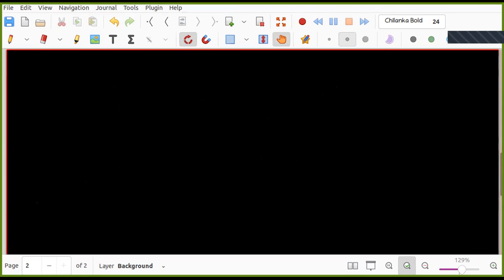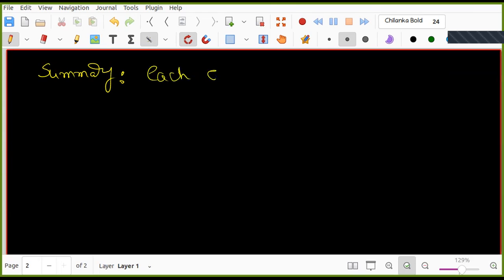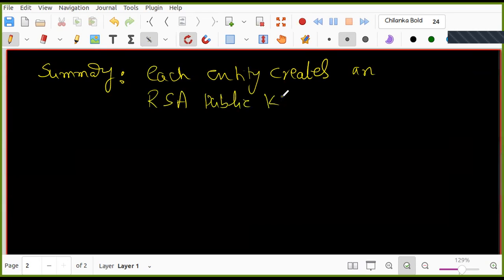So first what we do is, let me write a summary of how it goes, right? The summary goes like this. Each entity creates an RSA public key and a corresponding private key.